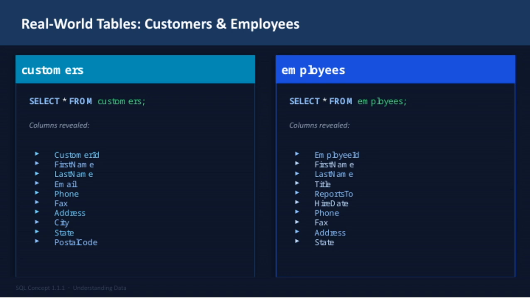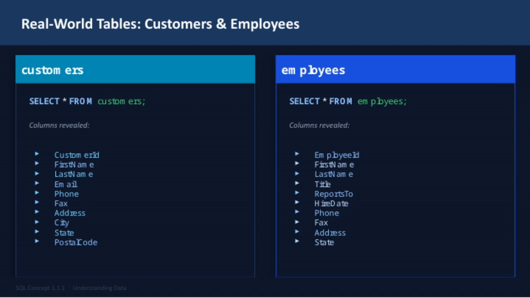Similarly, the customers table includes columns like ArtistId, first name, last name, email, and so on. When we write a simple SQL query like select star from employees, it tells the database to retrieve all columns and all records from the employees table. The same applies to the customers table with select star from customers.